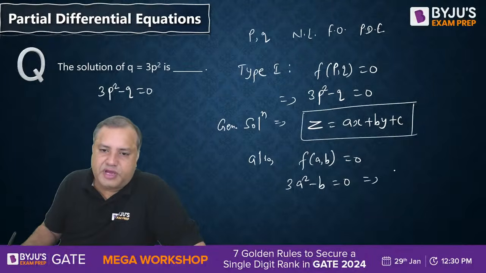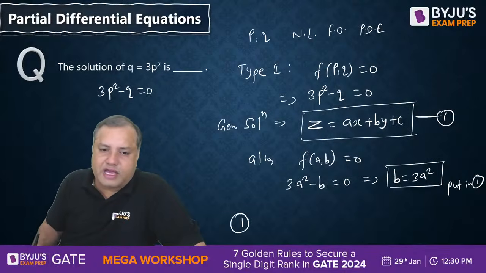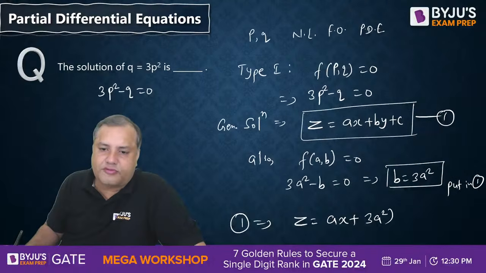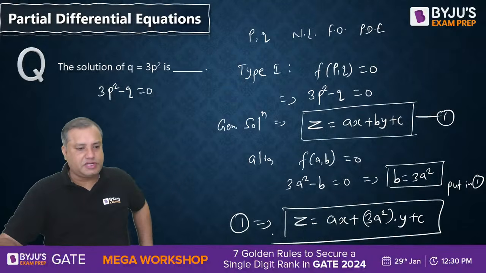So what is b? b is 3a square. Put this in equation 1. So finally equation 1 is giving you z equal to ax plus 3a square y plus c. So this is the required solution.